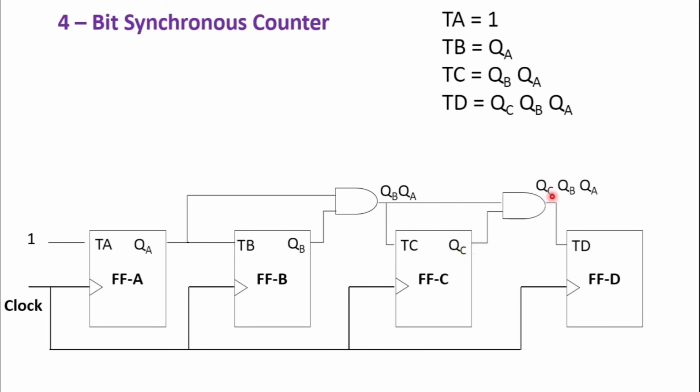So the output of this AND gate will be QC QB QA and it is to be given to TD. And what is the output of the last flip-flop? QD. QD is the output of the last flip-flop. So in this way we have designed a 4-bit synchronous counter. Hope you have understood it. Thank you.